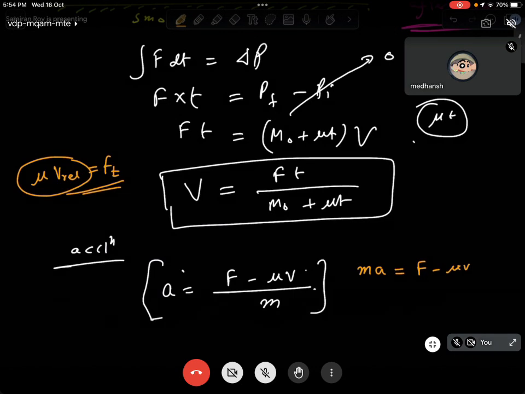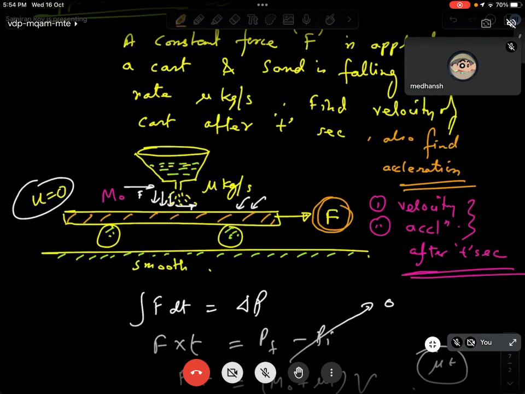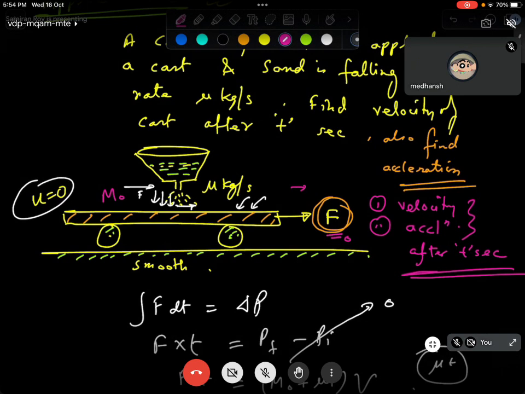Because of falling of mass, what will happen? If I don't give any force, you consider this force is 0, and initially it has some velocity v. If mass falls on it, its velocity will decrease.